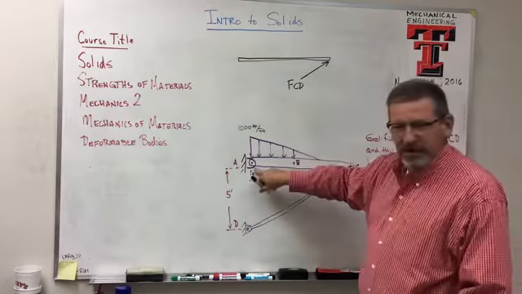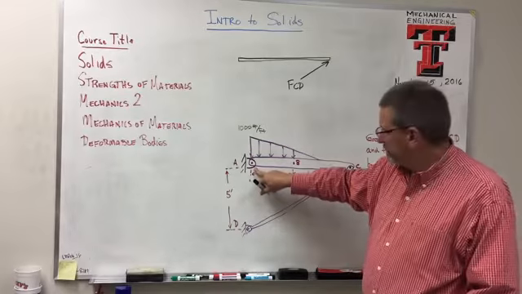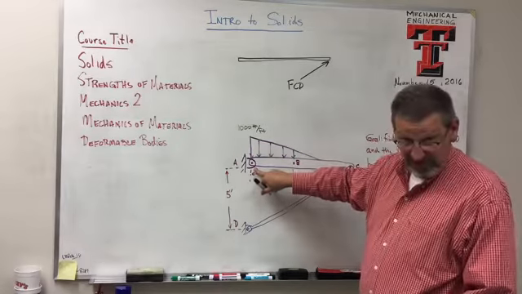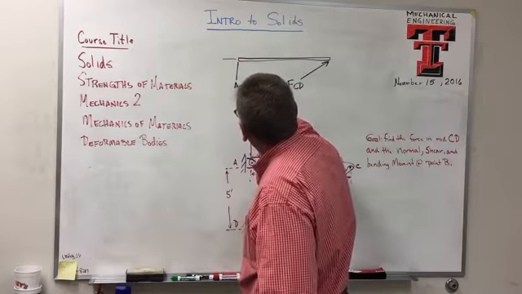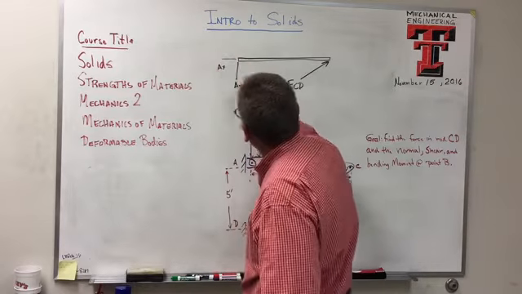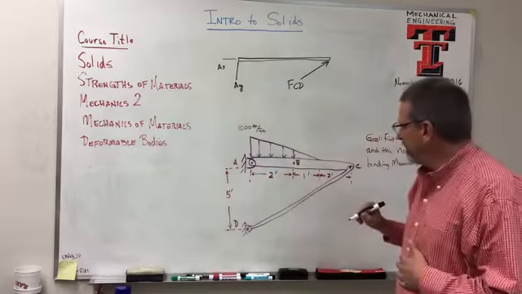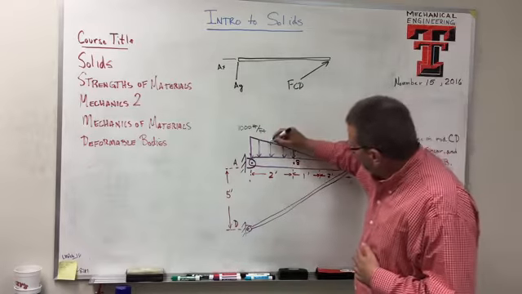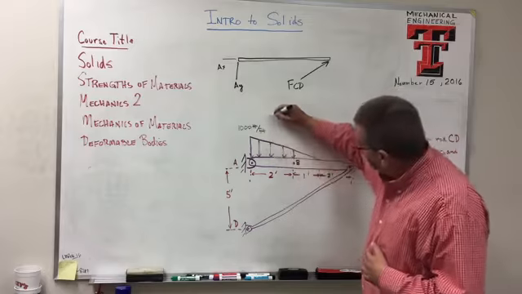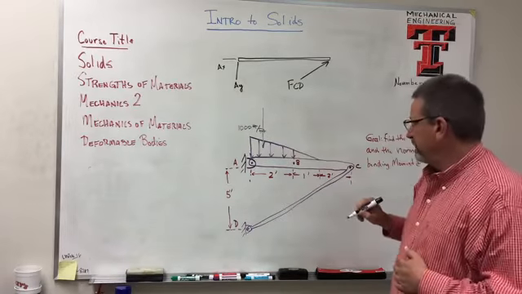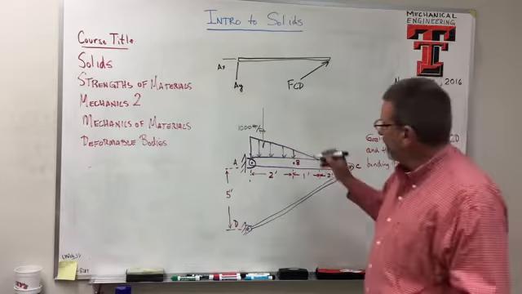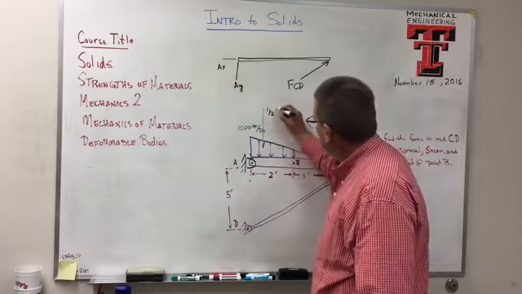I have a pin connection here. What's the reactions at a pin connection? Do you remember? X and Y, right? So X and Y. So we'll call that a Y. We'll call this a X. I'll come back and put arrows on that in a second. And then I have, of course, a distributed load, but I'm going to turn that into a concentrated load, right? And how big is that concentrated load? Well, it's 1/2 the base.